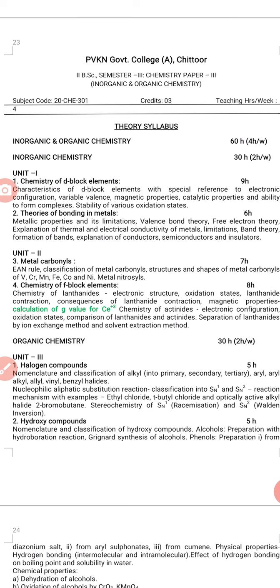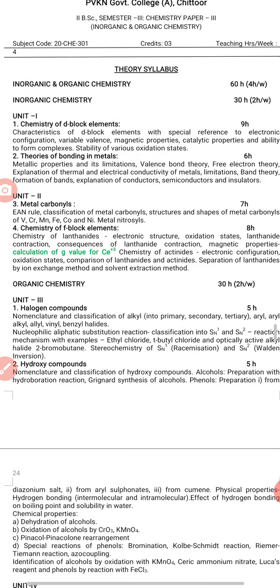so in this third semester, chemistry is a very huge syllabus. It is very difficult because organic chemistry has 3 units. It is very important chemistry because organic chemistry covers all functional groups like halogen, hydroxy compounds, carbonyl compounds, carboxylic acids and esters.